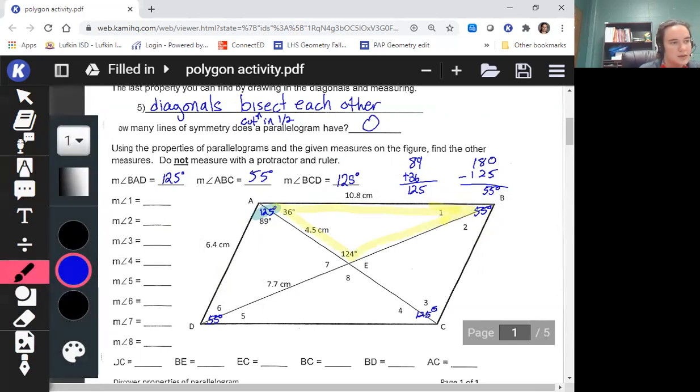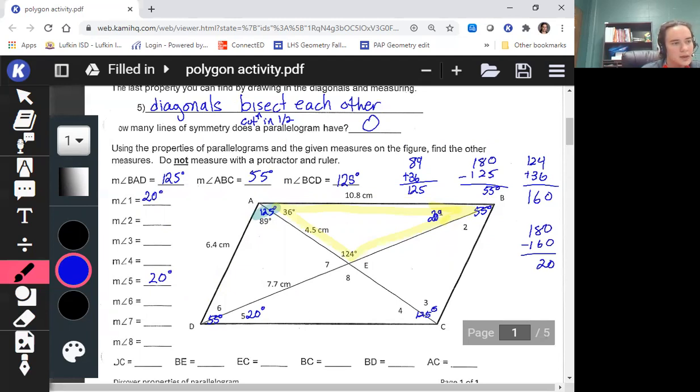So we can take that 124 and 36 and add them together and get 160, and then subtract that 160 from 180 and get 20 degrees for the measure of angle 1. Now I know my alternate interior angles are congruent, so angle 5 is also 20 degrees because angle 5 and angle 1 are alternate interior angles.